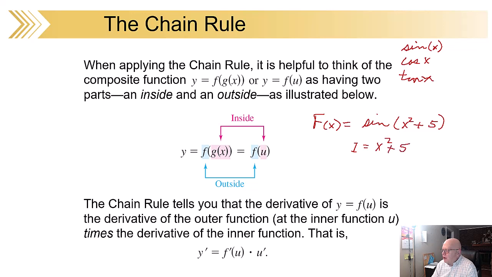Because if you were evaluating this, you'd have to find x squared plus 5 and then take the sine of that. The outside function would be the sine of x. Now if you call this u, that might be handy because down here you would call it sine of u instead.